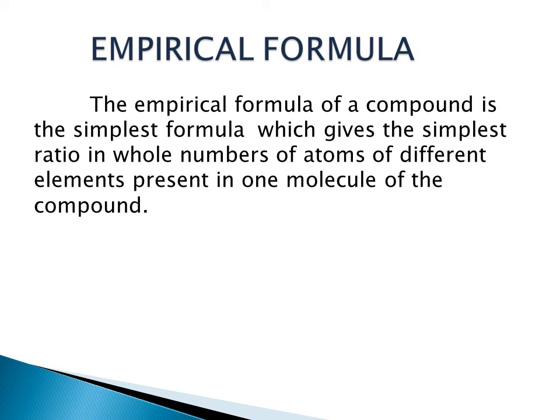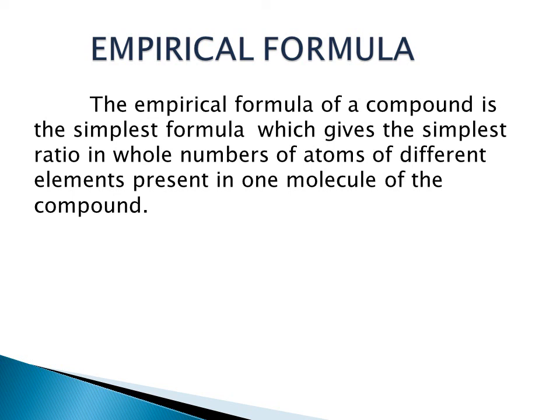Did you understand? What is an empirical formula? It is the simplest formula. What does it give you? It gives the simplest ratio in whole numbers of atoms of different elements. It gives you only the ratio of atoms of different elements present in that molecule. What does it mean?